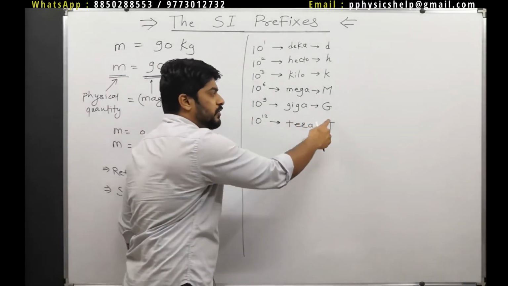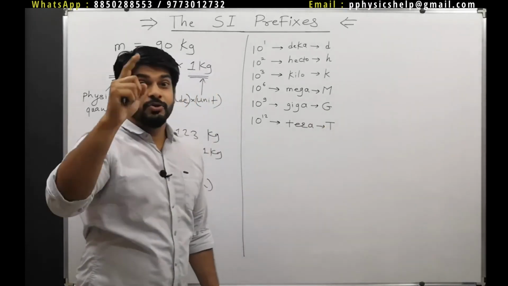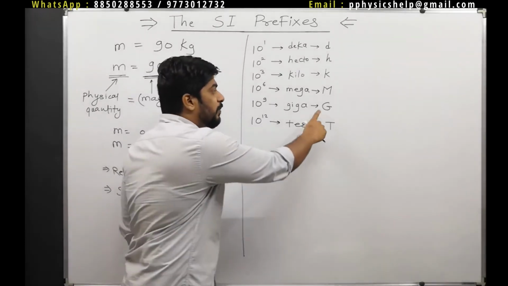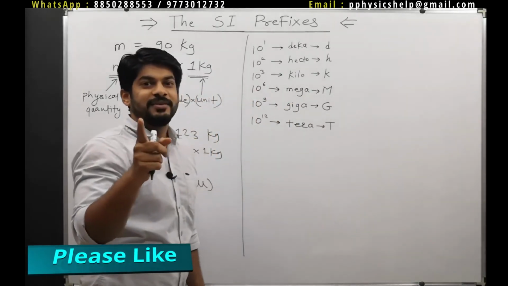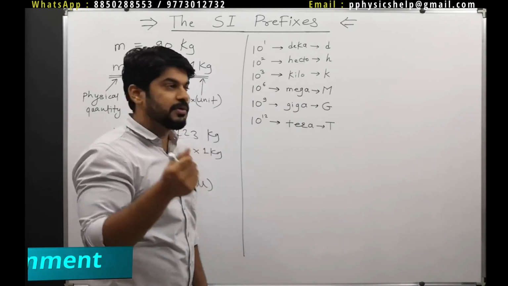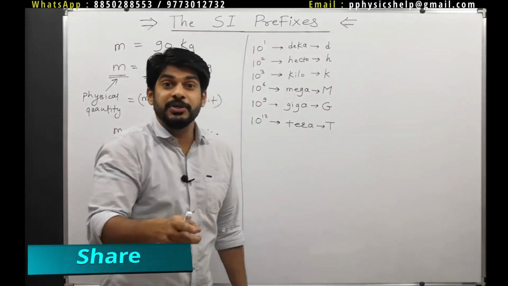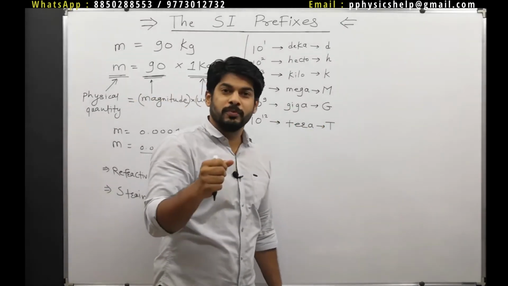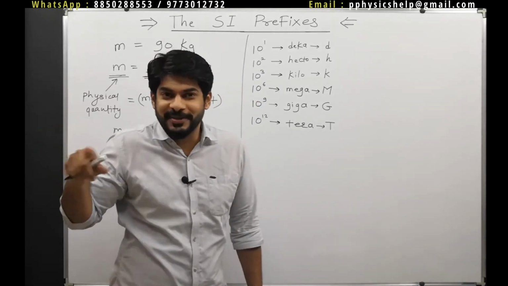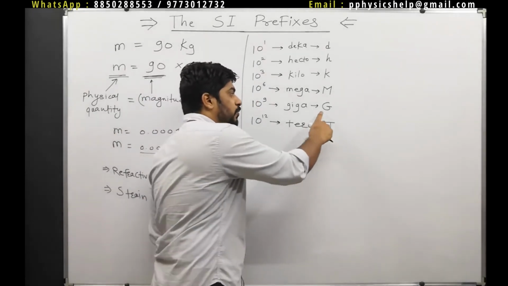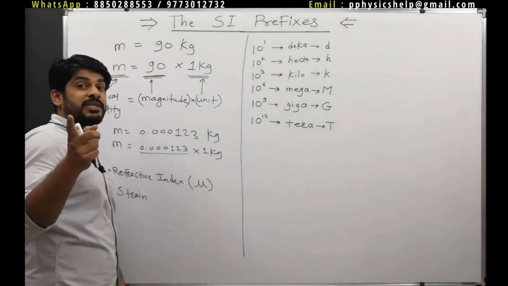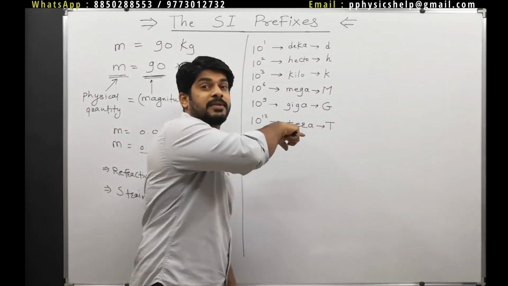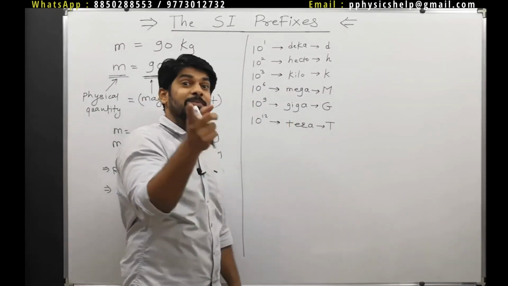Definitely you have heard about these two, giga and tera. Your mobile data, your computer memory, isn't it? Gigabytes, terabytes. Generally nowadays laptops have a memory of terabytes, 1 TB, 2 TB. Mobile recharge, 1.5 GB per day. When they say 1.5 GB, that means 1.5 gigabytes, that is 10 raised to 9 bytes.